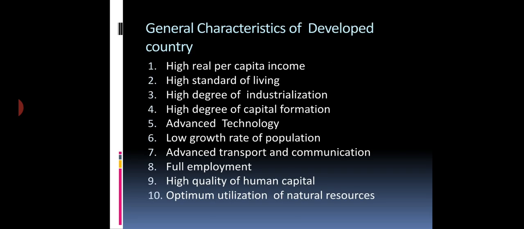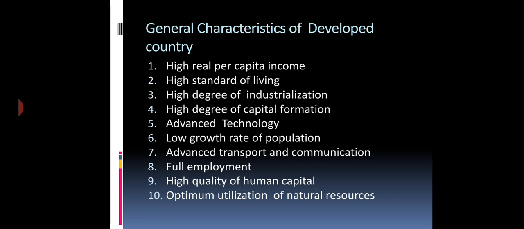Now, after knowing the meaning of developed, underdeveloped and developing economy, let us try to understand the general characteristics of a developed country. Developed countries generally exhibit the following characteristics. Number 1, high real per capita income. Number 2, high standard of living.